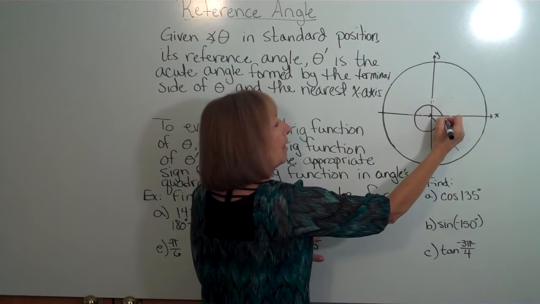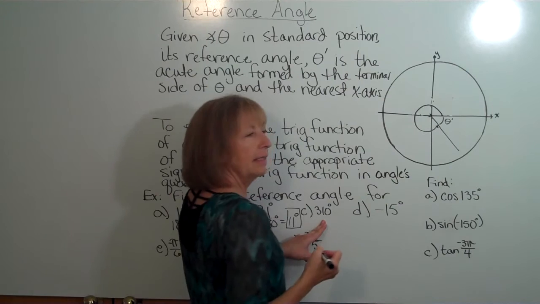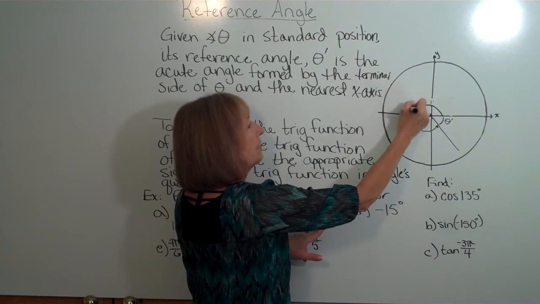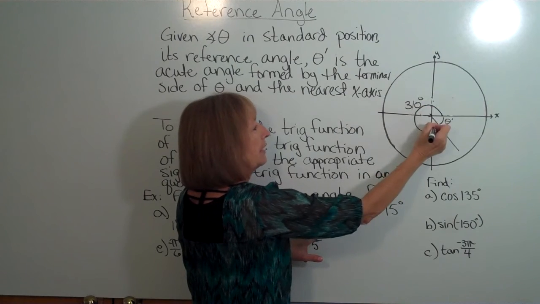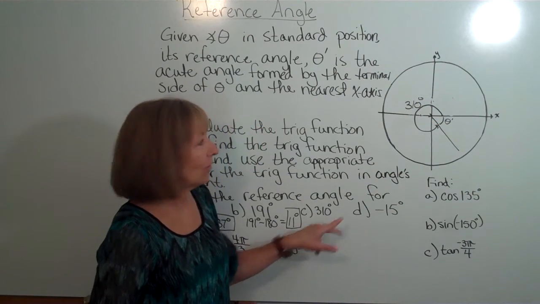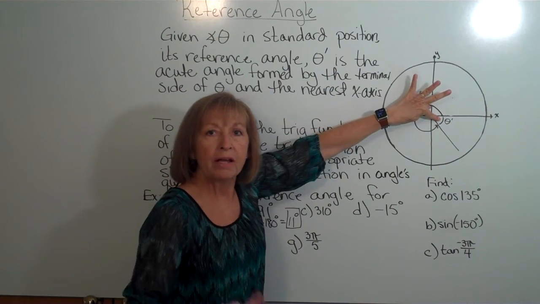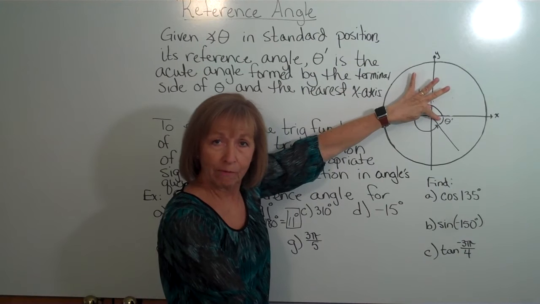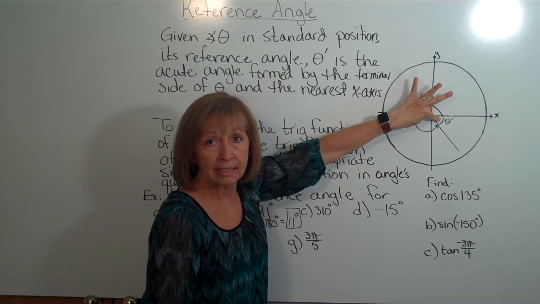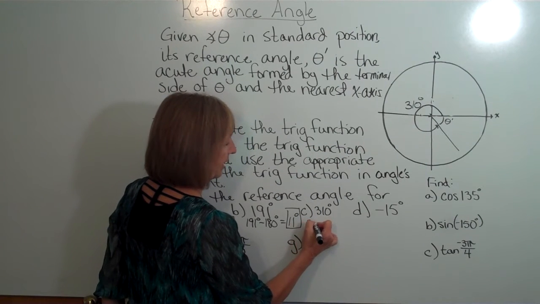My theta prime is to the nearest x-axis. So if this is my 310 degrees, then to find that angle to the nearest x-axis here, it's whatever the rest of the way would have been to get to the 360. So we're going to take 360 degrees minus the 310 degrees to get our reference angle.